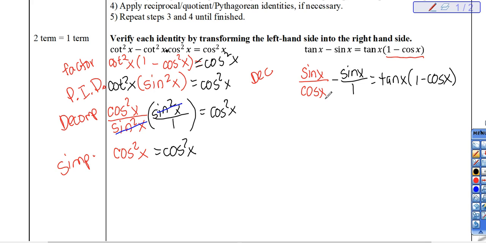So sadly, I still have 2 terms on the left, and it's still subtraction, and I really want to convert it to a multiplication. So I need to convert 2 terms to 1, by combining like terms or subtracting fractions, right? If I want to subtract fractions, they have to have common denominators.